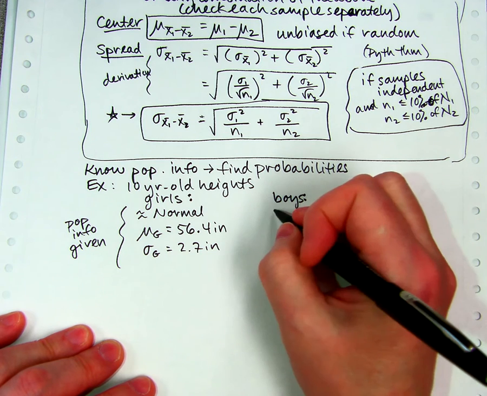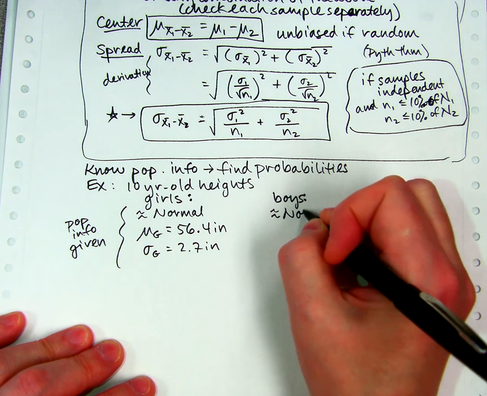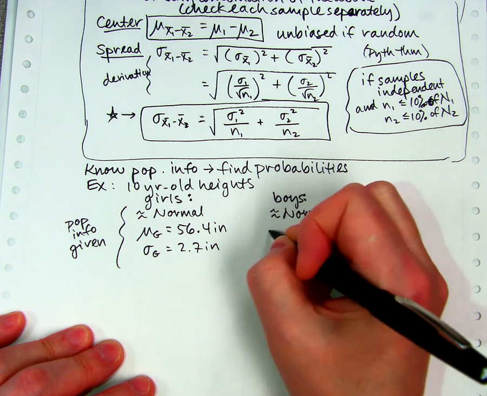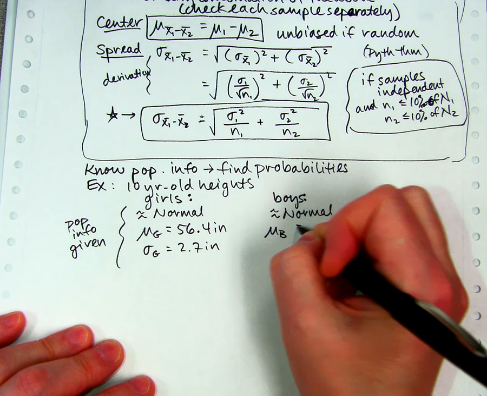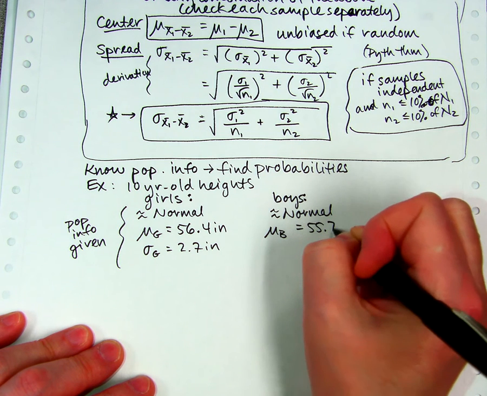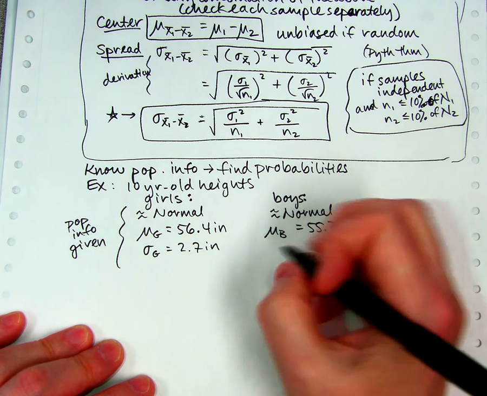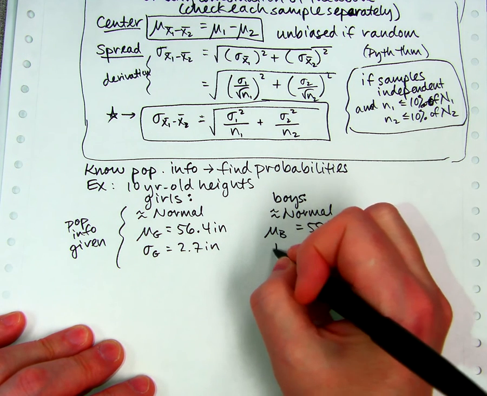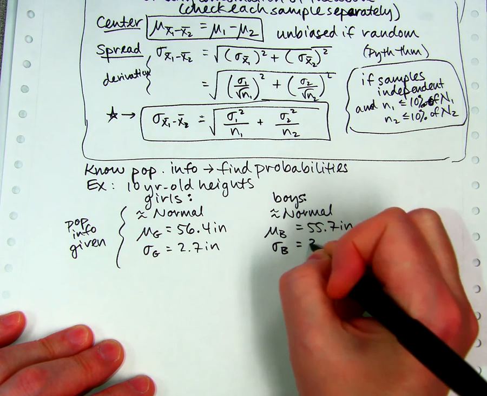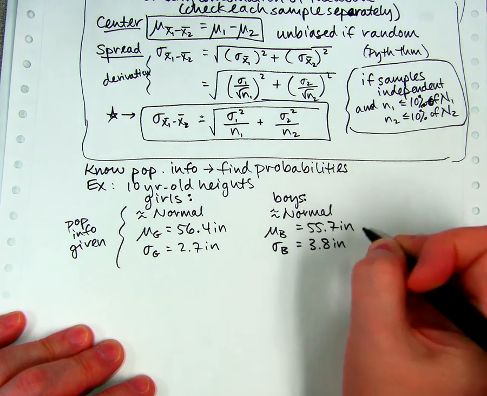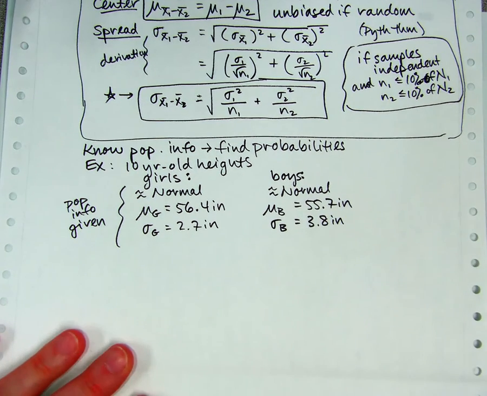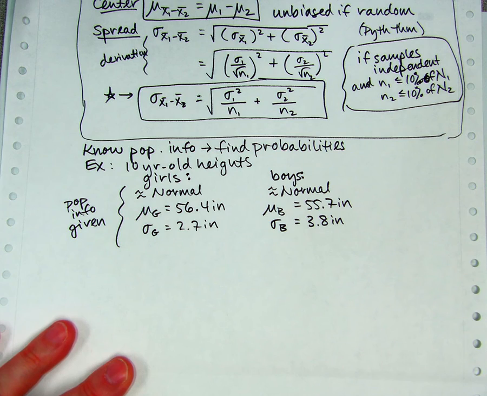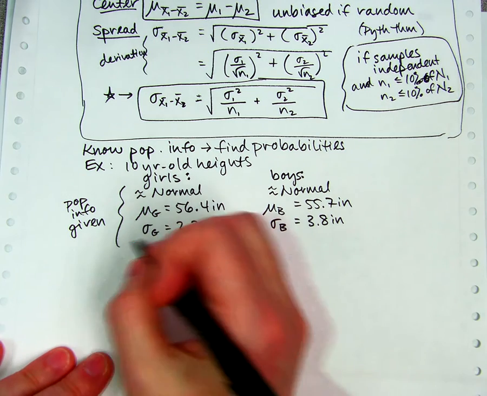And then for boys, they're also approximately normal. And the mean for boys is 55.7 inches. They're not that far behind, right? And the standard deviation for boys is 3.8 inches. All right. That's the information that's given to us. We're going to use that to find a probability.